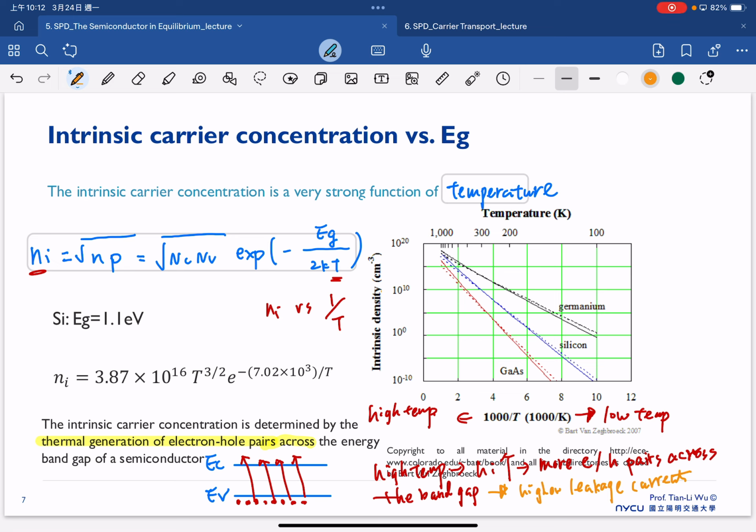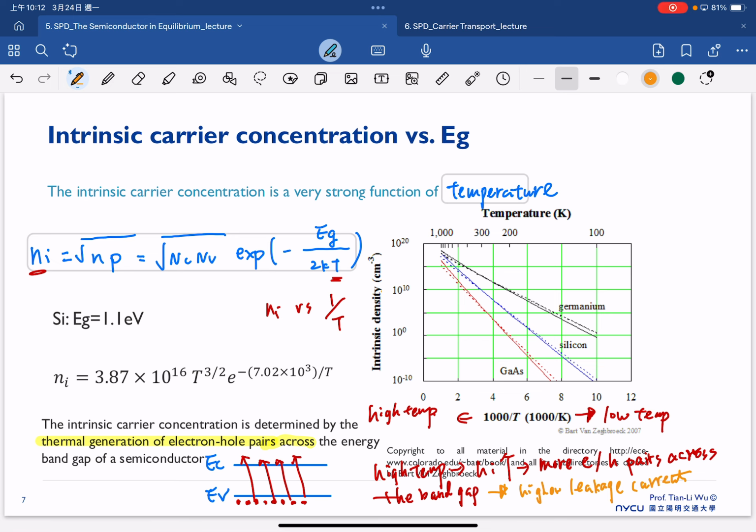So this explains why, if you put a piece of semiconductor device material in a high temperature environment, you will always get a higher current, especially a higher leakage current. So for the very basic expectation, we can all understand that in the case of high temperature, we always get a high leakage current.